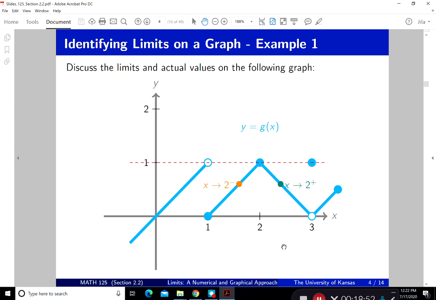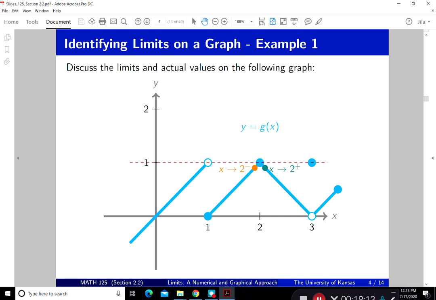So what about x equal to 2? As the x value of the points approaches 2 from left or right, you can see that the y value for both of them approaches 1. And incidentally, the value of the function at 2 is also 1.